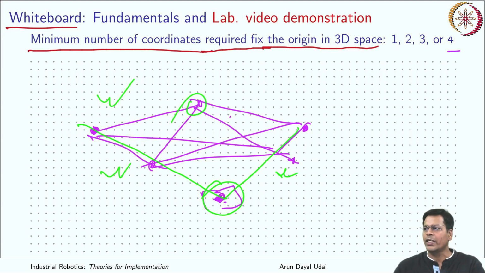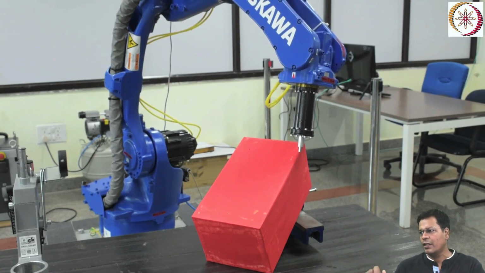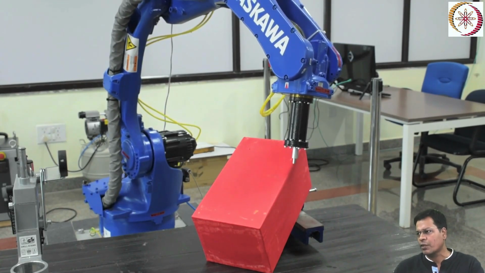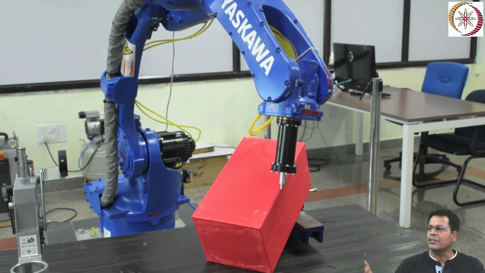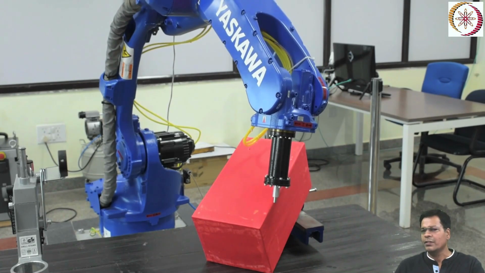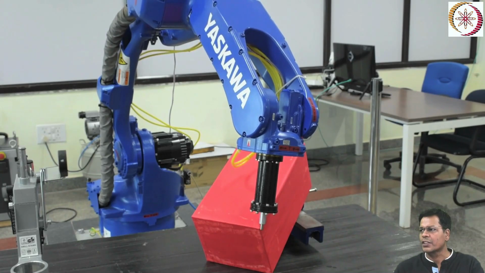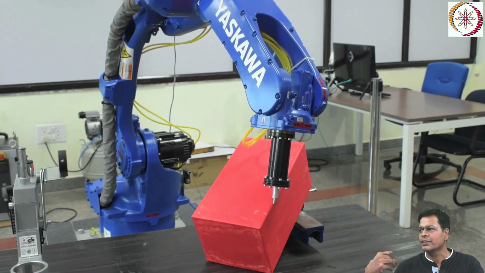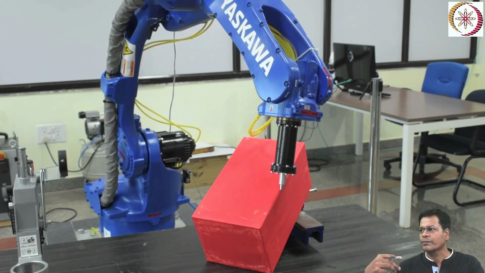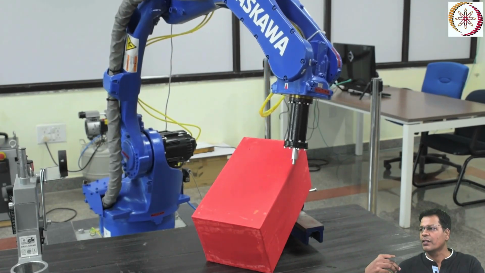What is the result of today's calibration technique? This is one way where the base, the red cuboid that you can see, has its top surface now calibrated. My robot can now move along the edges of the cube which is in the workspace of the robot. It is moving along one of the axes, along the edge of this cuboid. It goes to the origin now.